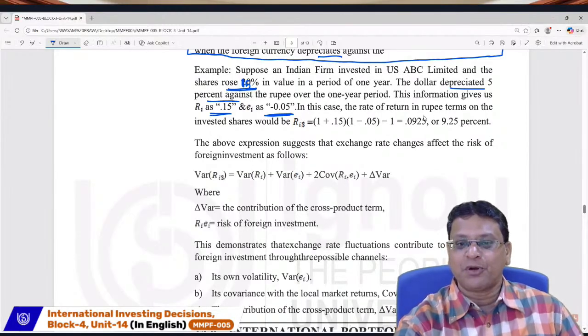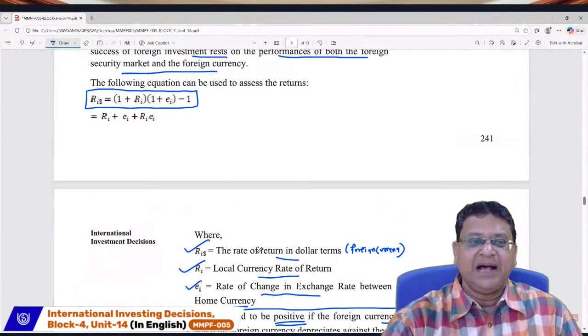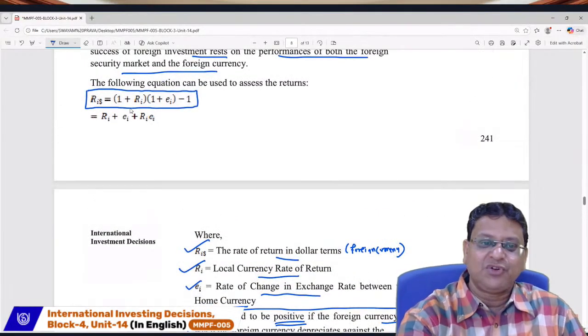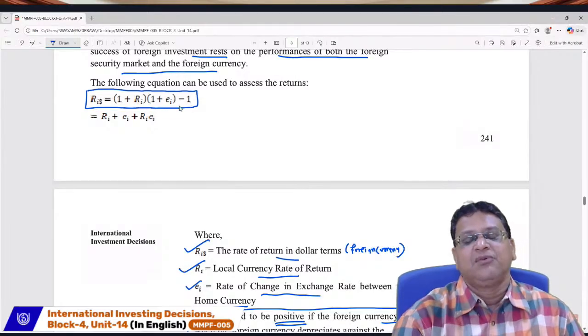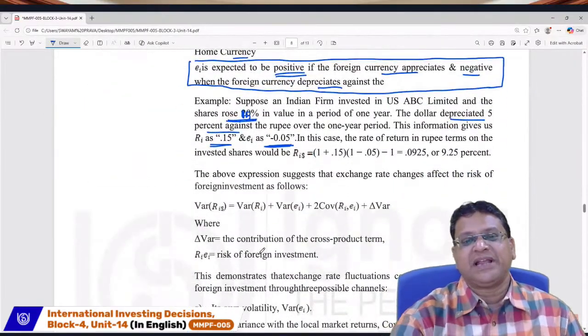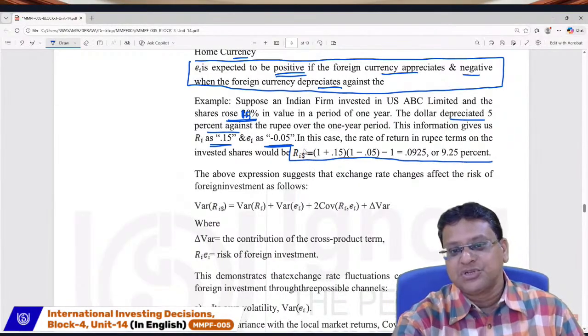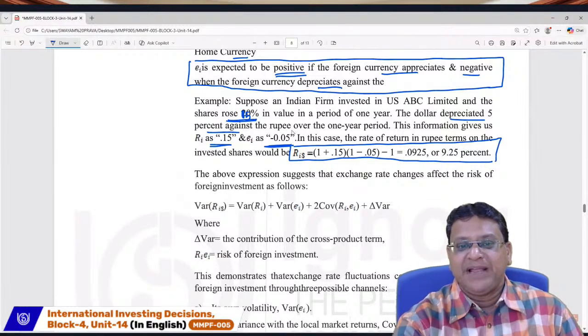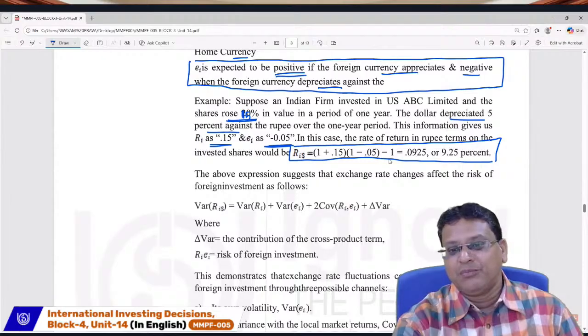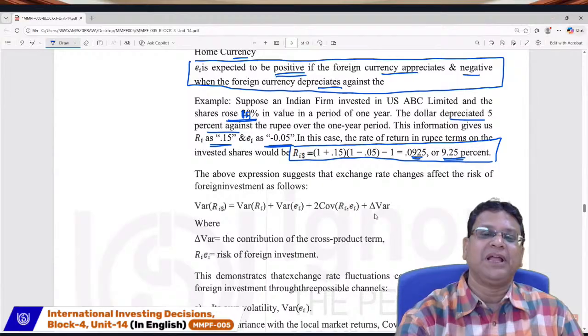If you put in the formula which we have read, RI dollar is equal to (1 plus domestic return) into (1 plus exchange rate) minus 1, we can find the dollar denominated rate. RI dollar is equal to 1.15 into (1 plus minus 0.05) minus 1, and it comes to 0.0925 or 9.25%.